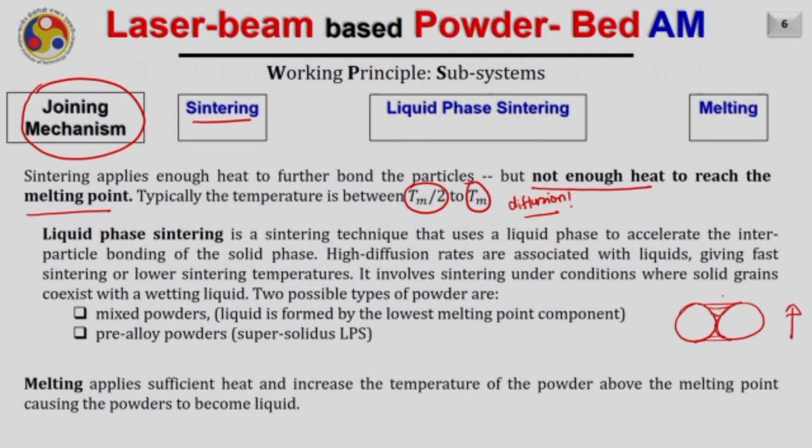However, a gradient in the vacancy concentration between the highly curved neck, which is in the beginning very highly curved as you can see, and becomes flat later on, which usually means a low vacancy concentration, causes a flux of vacancies from the neck and a flux of atoms towards the neck, thus increasing the neck size till it becomes almost flat.